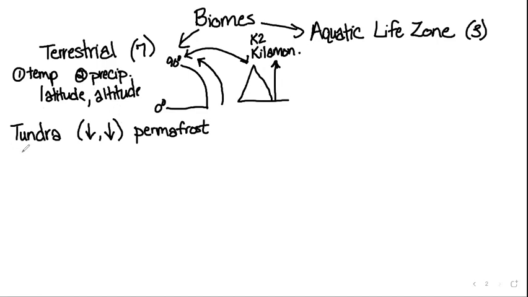So we're going to move further down, and on the edge of a tundra, or at a very high altitude, we have a taiga, or a boreal forest. Okay, so these typically have moderate temperatures, moderate rainfall, and relatively low precipitation.